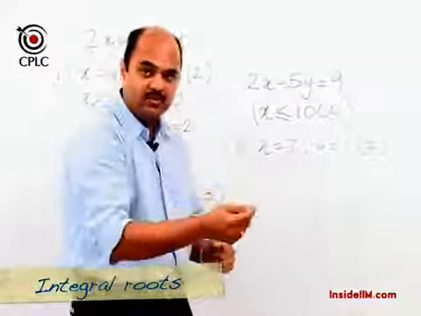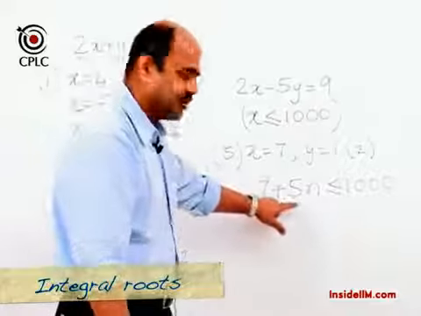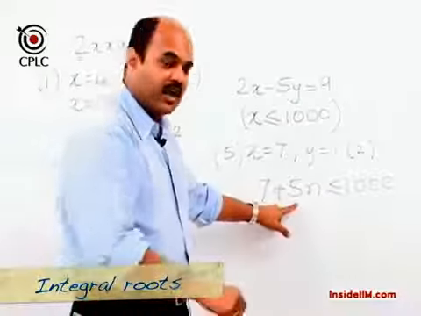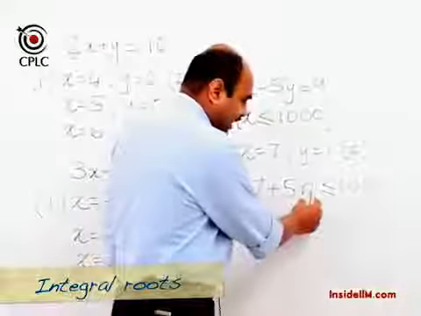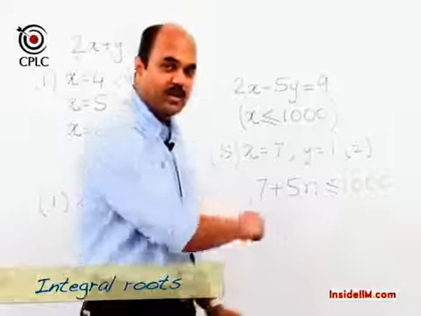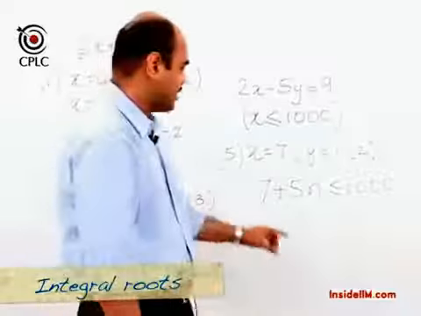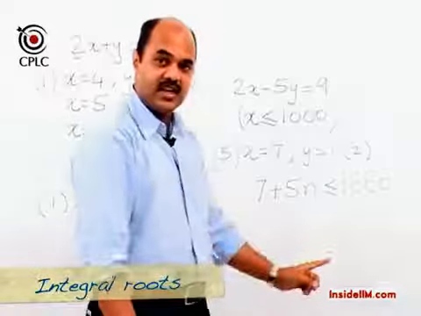So the question is actually 7 plus 5n is less than or equal to 1000. Which means that if you keep increasing x from 7 in steps of 5, what is the largest possible value that n can take, or how many values of n can exist such that this is satisfied?